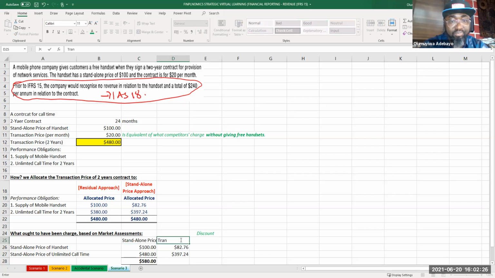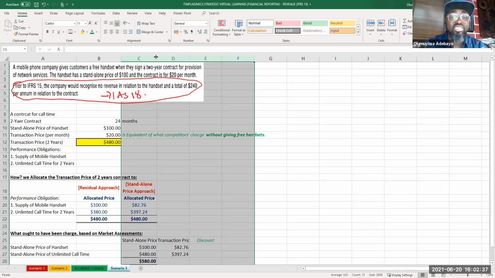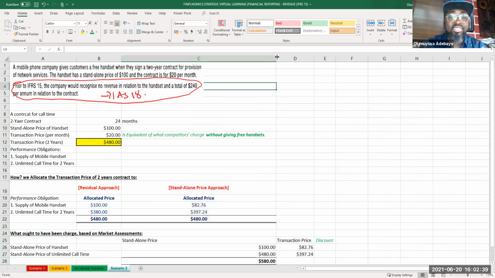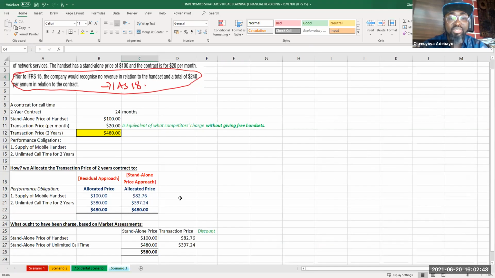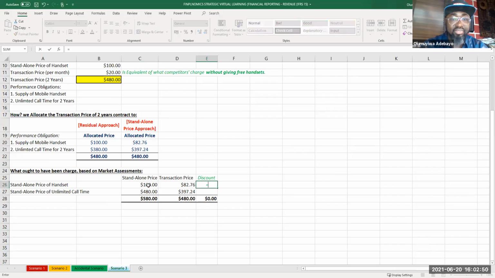Transaction price. And the discount. Which means you are not just giving discount on the purchase of assets, you are also giving discount on the call time. That's what you've done, so that the amount of discount you are giving is the difference between this and this.